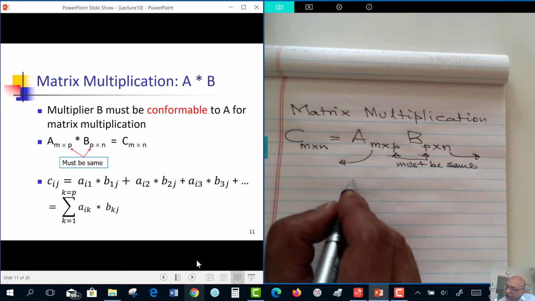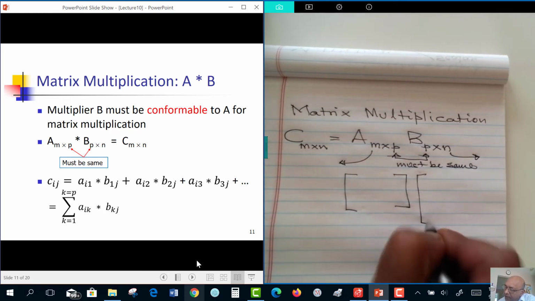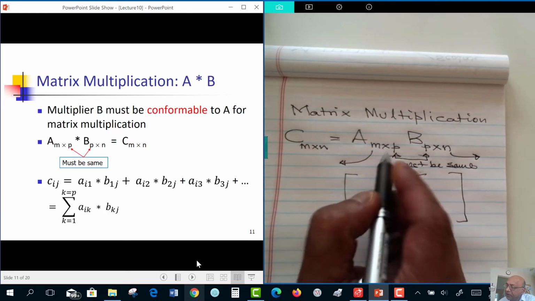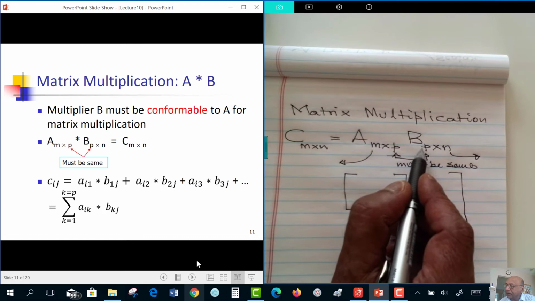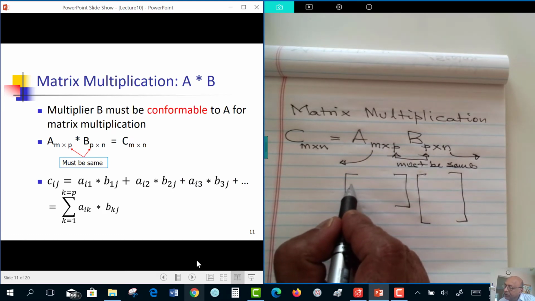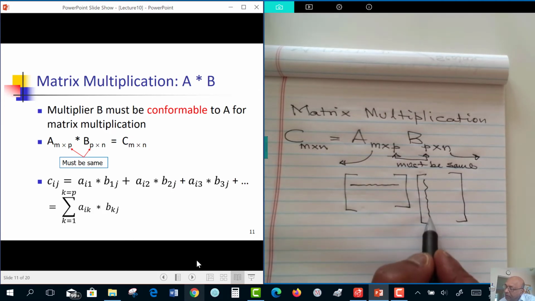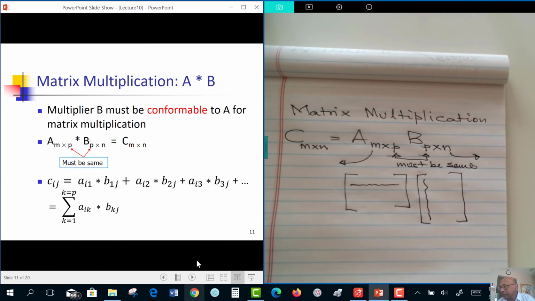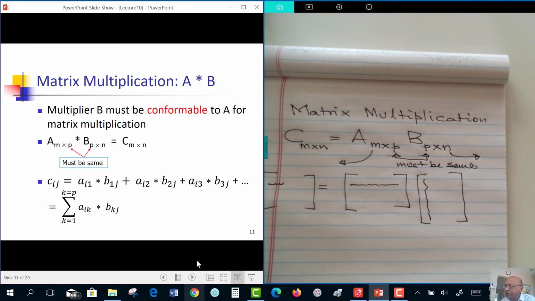So what we do is, suppose we have A and we have B, they need not be of the same size. Remember, the number of columns of A must conform to the number of rows in B. So what we do is we pair them up. So we take this entire row and multiply it by this column like a dot product, and that gives us our result for this.